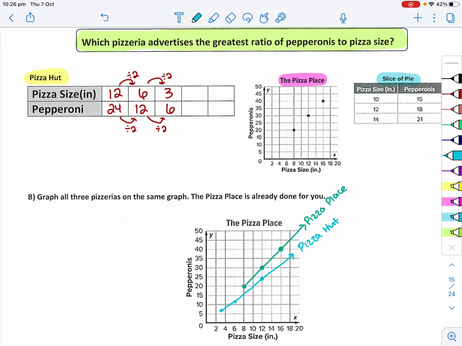And then for slice of pie, I've got 10 and 15, 12 and 18, and then 14 and 21. And this is going to be slice of pie.